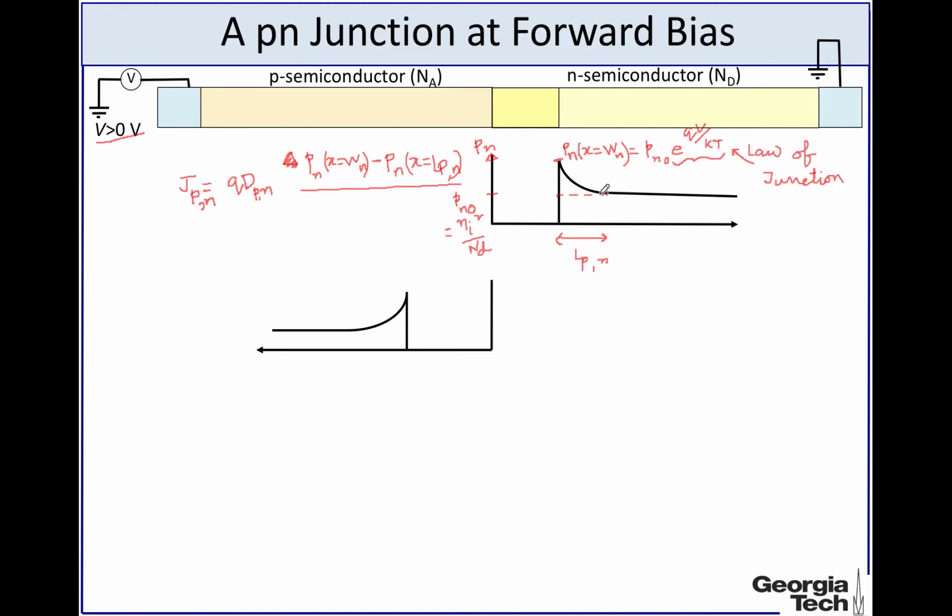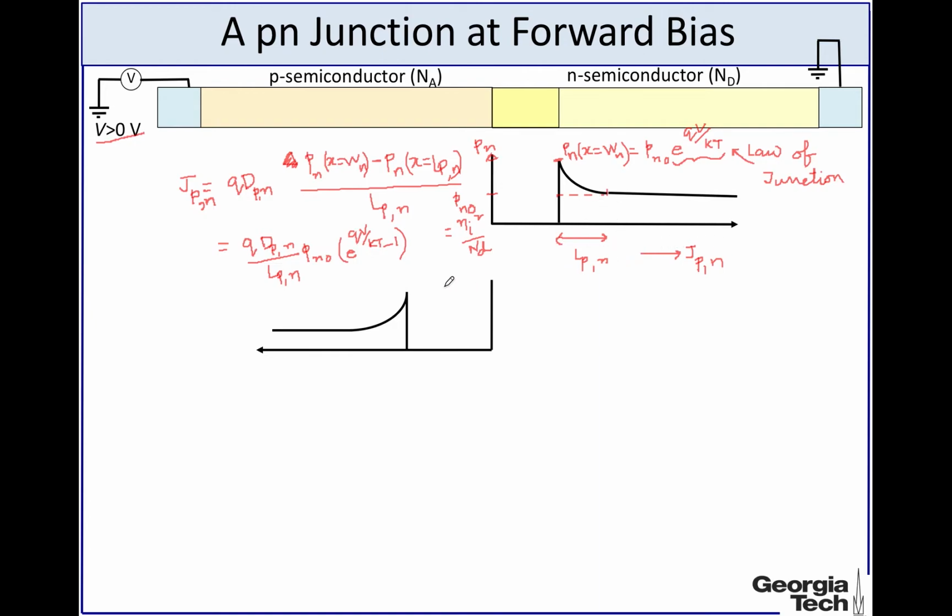So x equals Lp in the n side is the distance, and if we simply do the calculation, this will come out to be q Dp over Lp in the n side, multiplied with Pn0 times e to the power qV over kT minus 1. And which direction does this current flow? This current flows in this direction. Jp in the n side flows in the positive x direction.